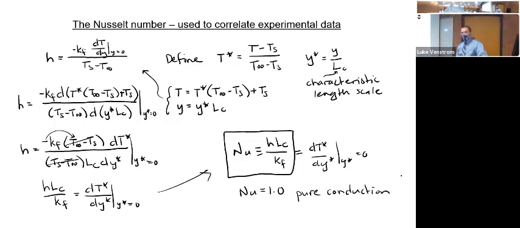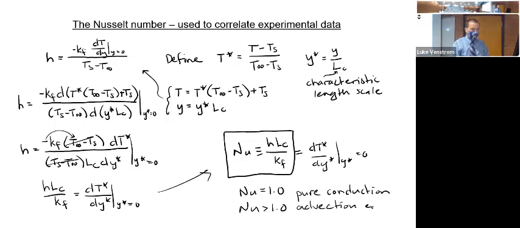If you ever calculate a Nusselt number and it's less than 1, you've made a mistake, because we anticipate that advection is going to enhance the heat transfer. It's going to make the gradient steeper than it would be with only conduction. So whenever the Nusselt number is greater than 1, advection enhances the heat transfer.